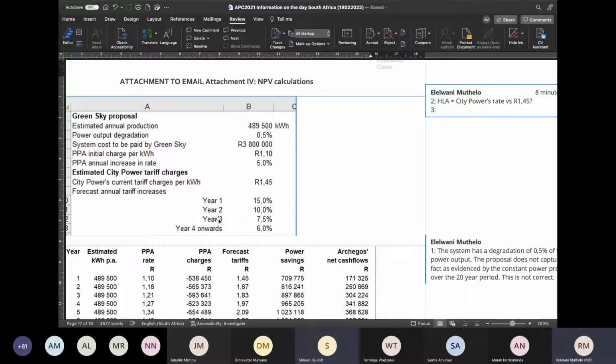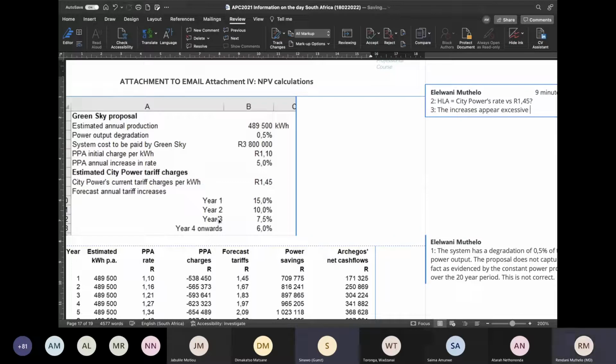So if they inflate the expected cost of what you will be paying to Eskom, and they give you what you will pay them, then the savings are very big. And therefore, you are more likely to take the proposal than not. So that is where probably you need to come from, to say that the increases appear excessive. Because, I mean, these are just estimates.